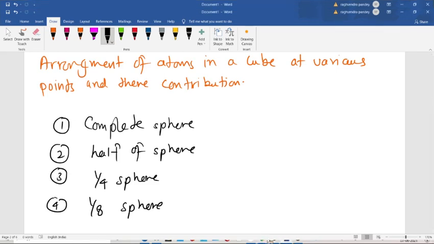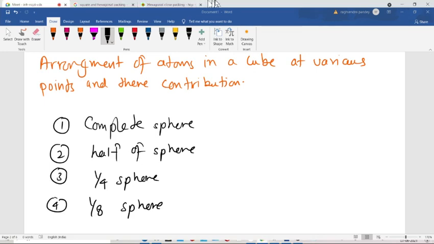Now see, hemisphere. So this is your hemisphere. Everybody knows that. Nothing to worry about that.